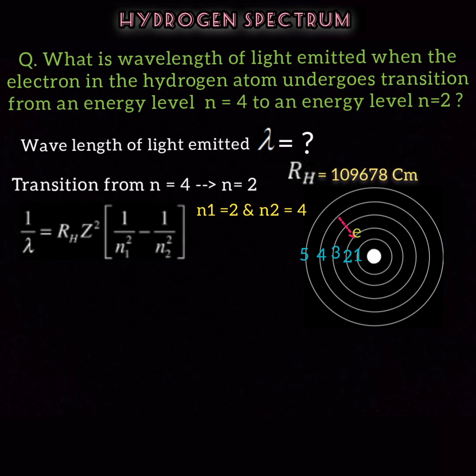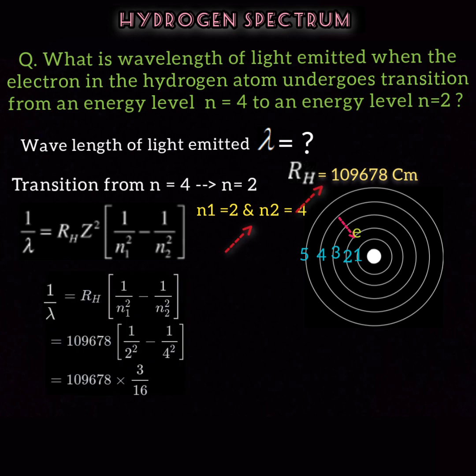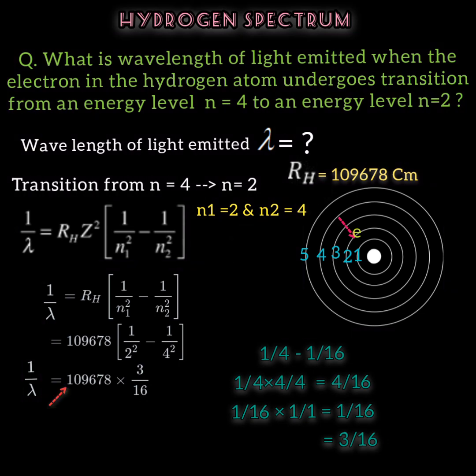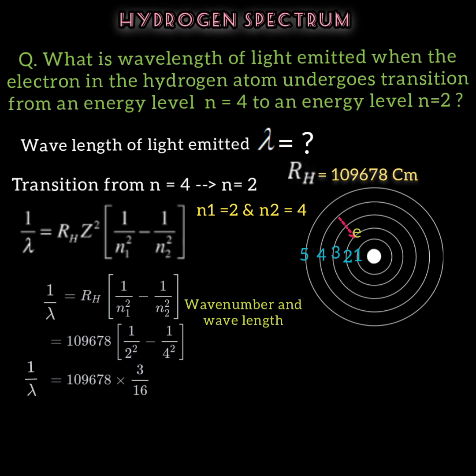If we substitute all the known values in this equation, we will get 1 by lambda equal to 1.096 × 10^7 into 3 by 16. We know that there is a relation between wave number and wavelength.